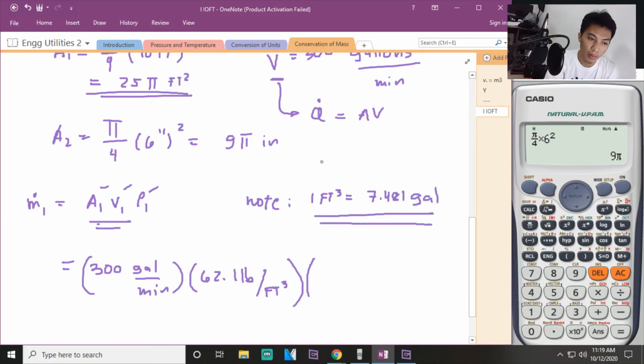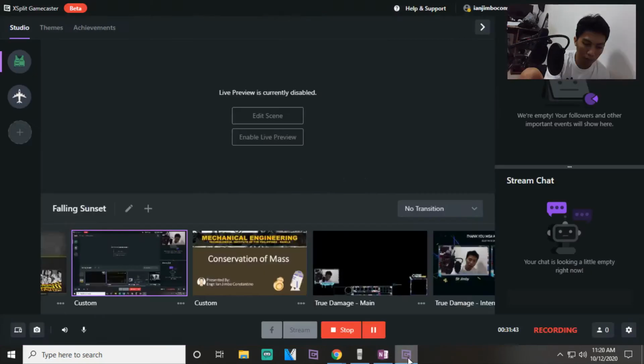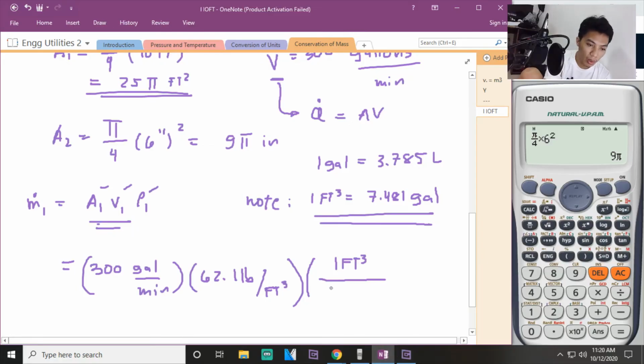Or 1 gallon is equal to 3.785 liters. So, maka-cancel na natin siya. So, divide natin 1 cubic foot. Okay? 1 cubic foot is equal to 7.481 gallons.